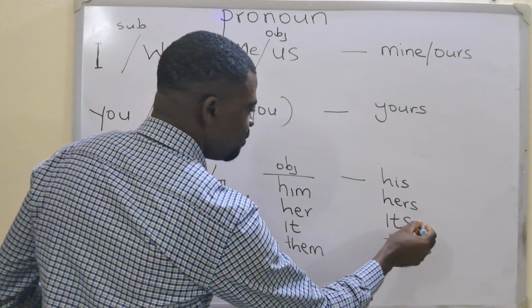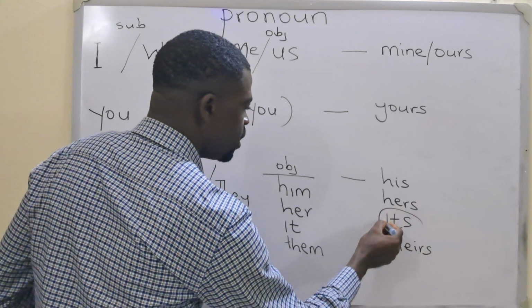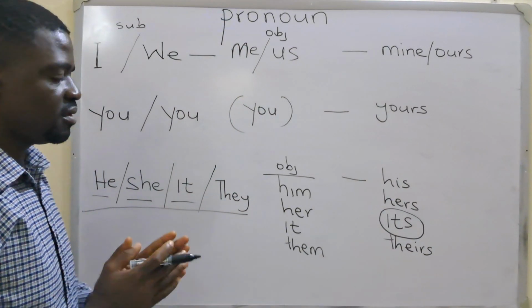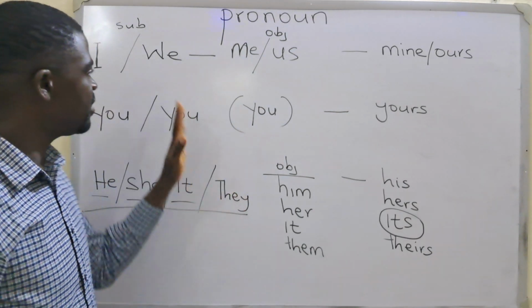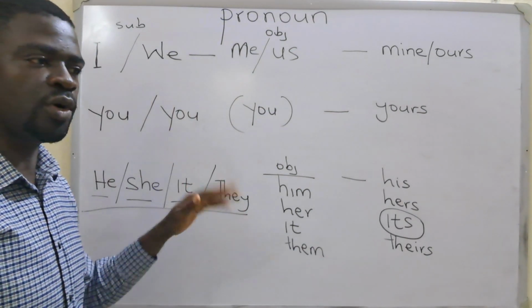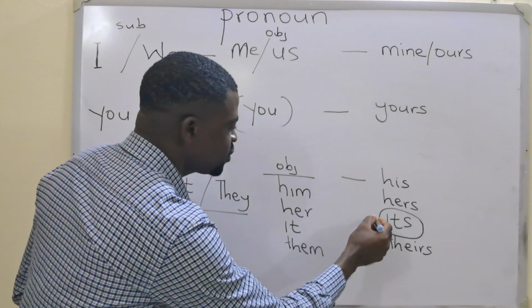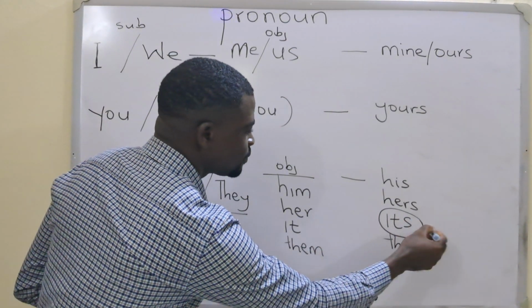Now, for many of us who are not native speakers of English, and maybe we've forgotten our basic pronouns we were taught in primary and secondary school, some people struggle with this one a lot.